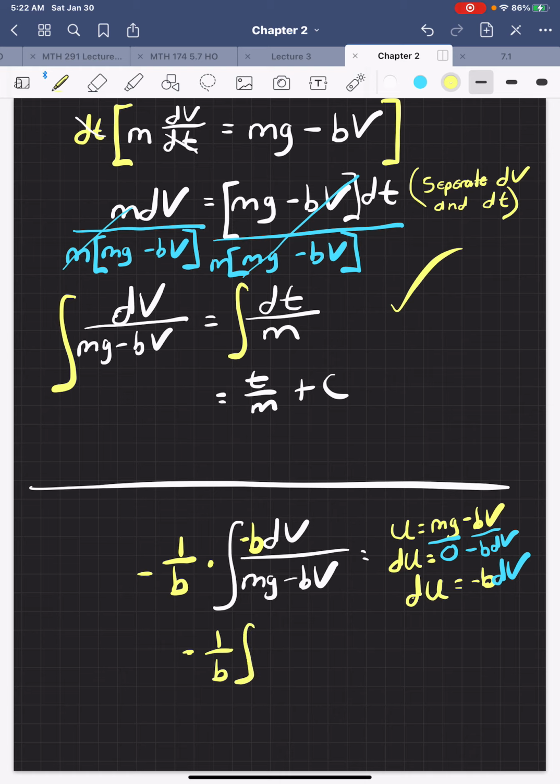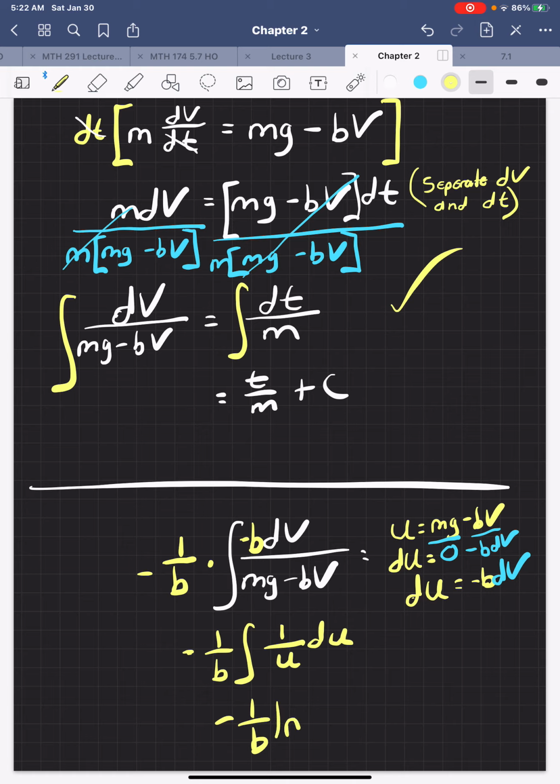The integral is now 1 over u du. And do you remember what the integral of 1 over u is? Say it out loud. What the heck did I just write, by the way? Let me try that again. 1 over b. Oh, see how excited I was? So the integral of 1 over u is just ln u.